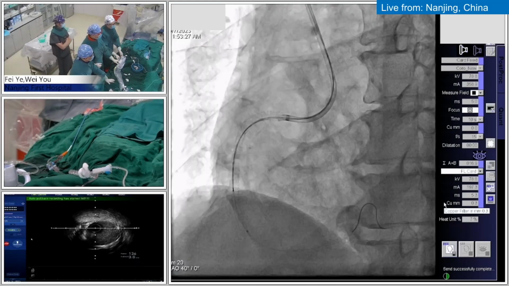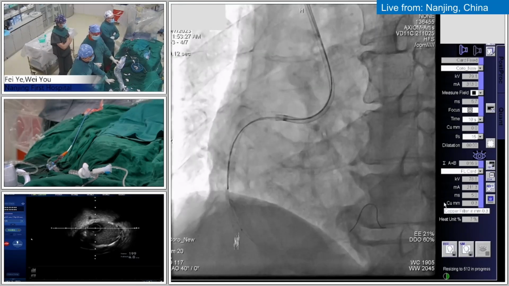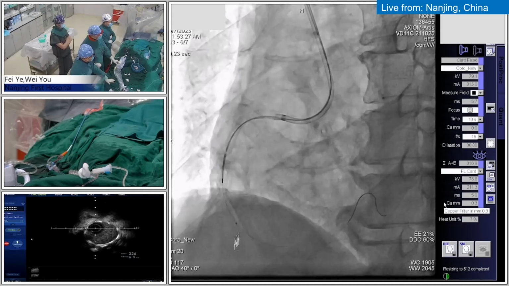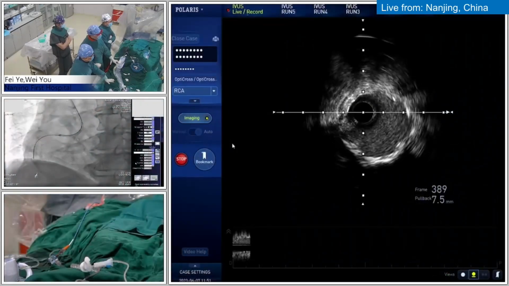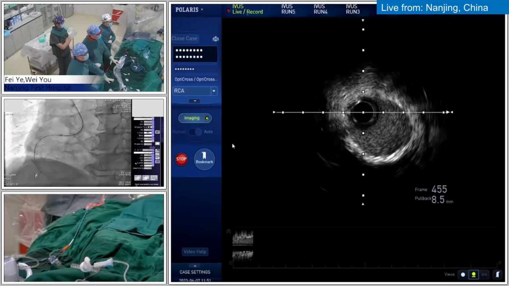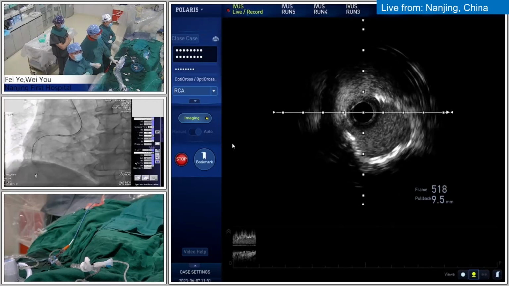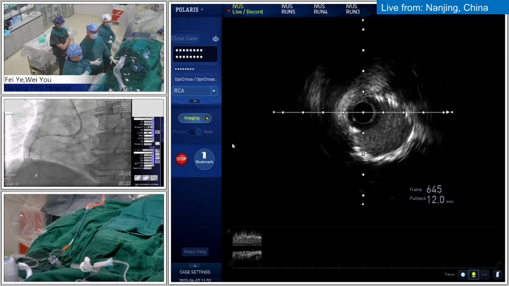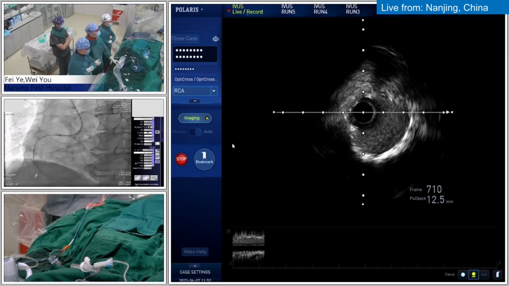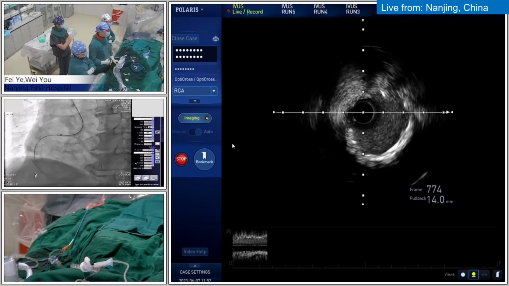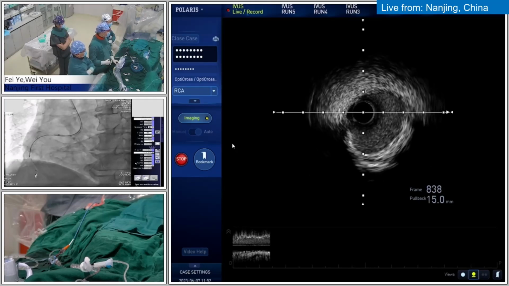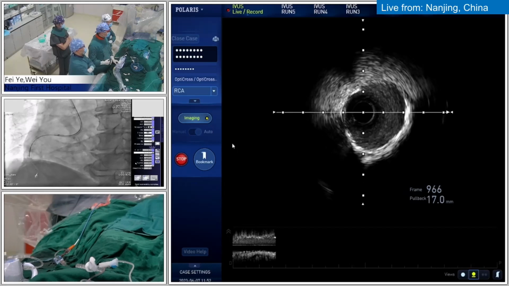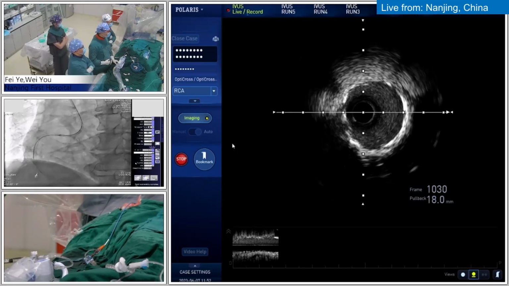or proximal RCA to ostial RCA. And here the stent diameter is more than 3.2. Here it's just 3.0. Seems like we don't have a small gap, right?